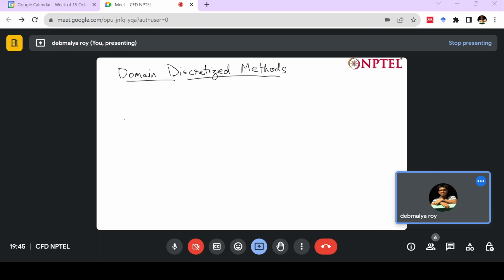So let's say we have some domain like this. What we will do basically in the next step is discretize this domain into, let's say, small pieces. We can use different techniques to discretize.